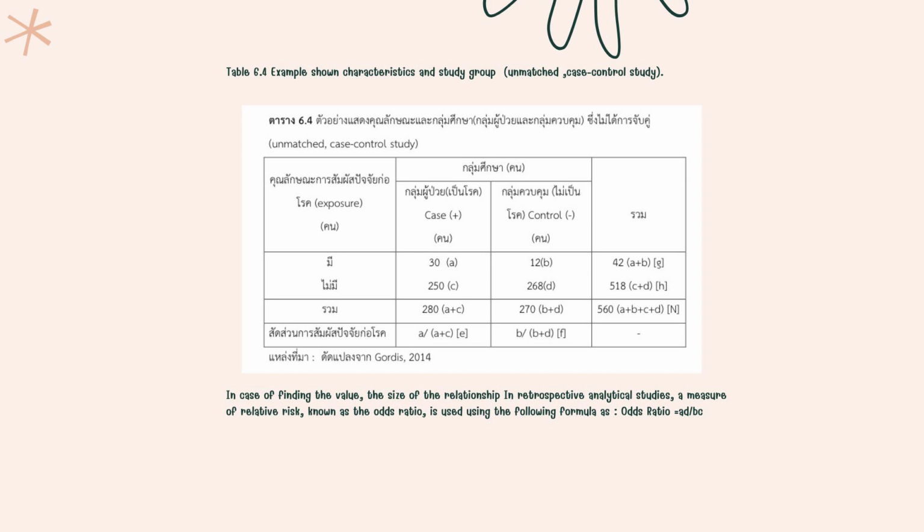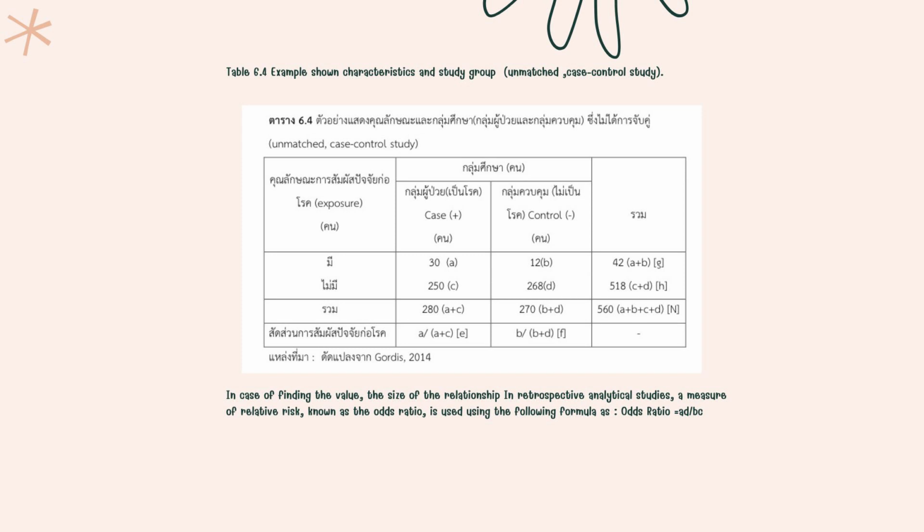Find the size of the relative. In the previous study, we used a relative risk measure called the odds ratio, or OR. From table 6.4, we can calculate the odds ratio as follows: OR equals A times D divided by B times C.